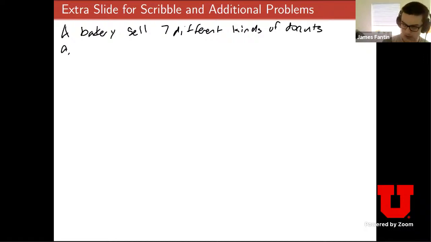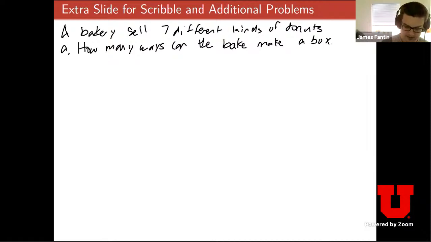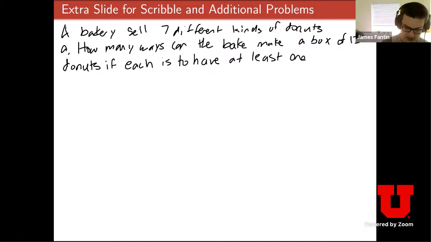And in part A, we want to know how many ways the baker can make a baker's dozen, or a box of 13 donuts, if each is to have at least one donut of each kind.